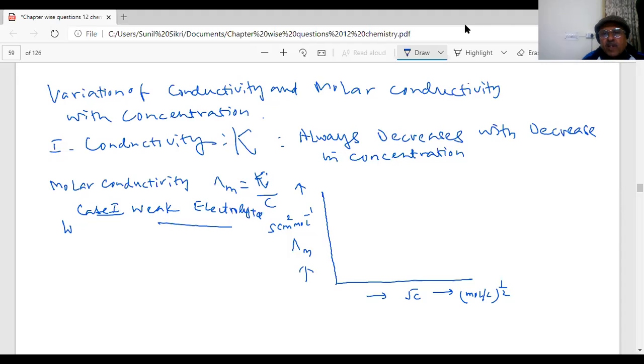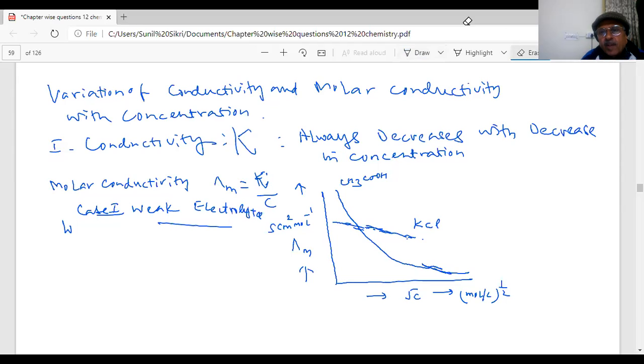Do you know the graph which we get for a weak electrolyte? Important question, students. That was for acetic acid. And for a strong electrolyte, what did you get? There was a small change, like KCl. So these are the graphs.